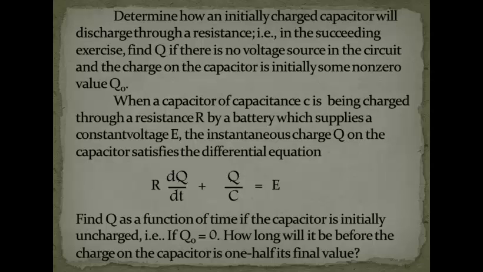When a capacitor of capacitance C is being charged through a resistance R by a battery which supplies a constant voltage E, the instantaneous charge Q on the capacitor satisfies the differential equation R dQ over dt plus Q over C equals E. Find Q as a function of time if the capacitor is initially uncharged, i.e. if Q0 equals 0. How long will it be before the charge on the capacitor is 1/2 its final value?